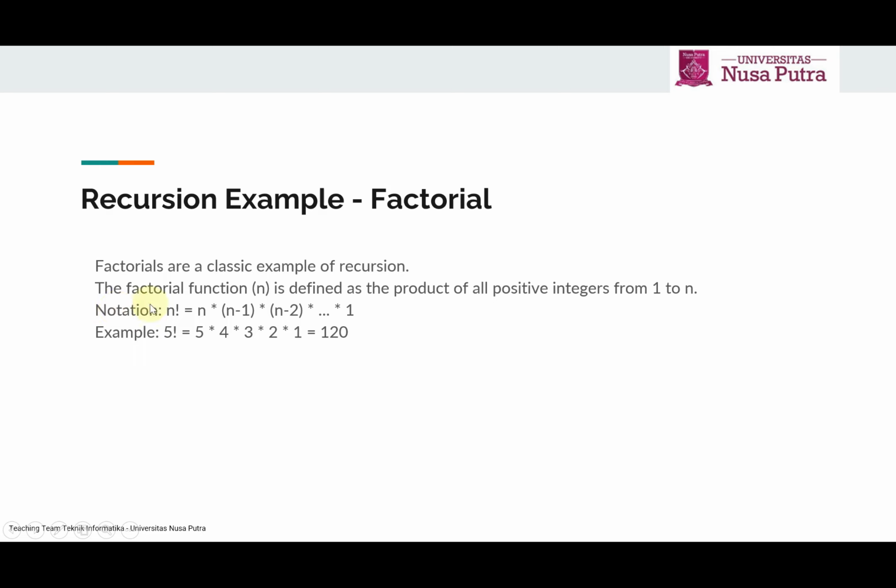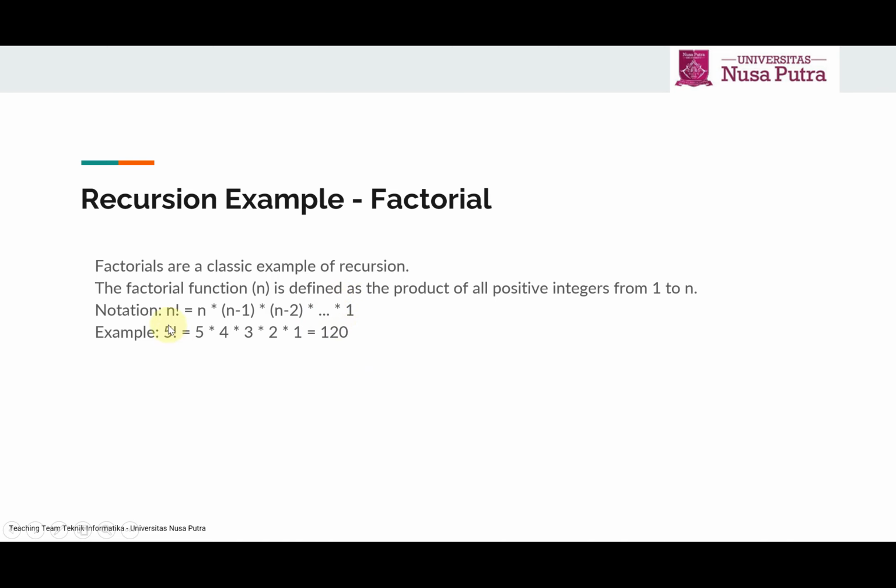The notation for factorial is like this symbol. We have n multiplied by n minus 1, multiplied by n minus 2, multiplied by n minus 3, and so on, until 1.